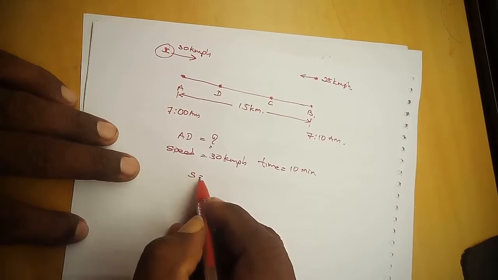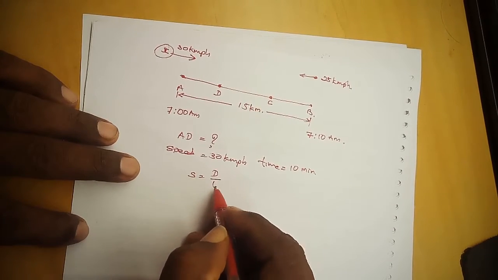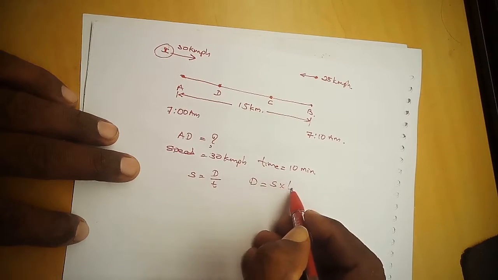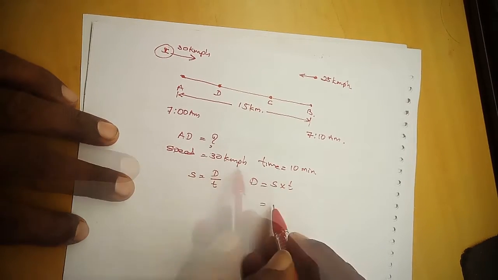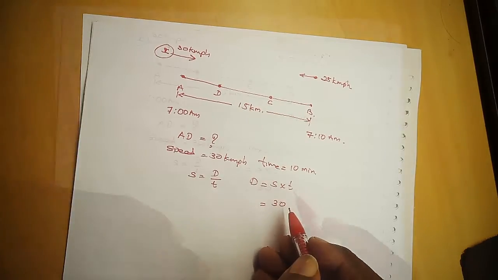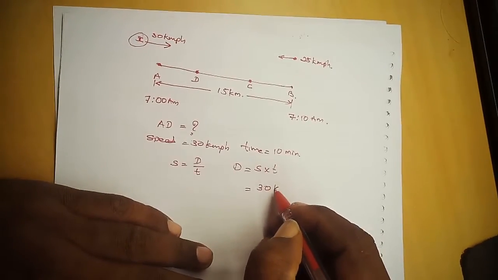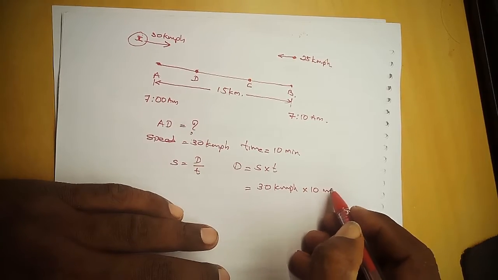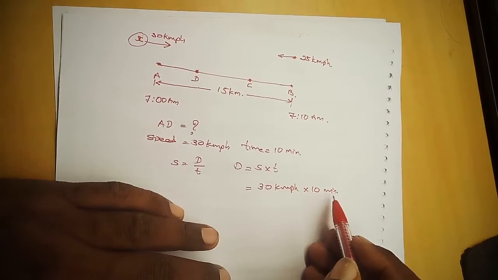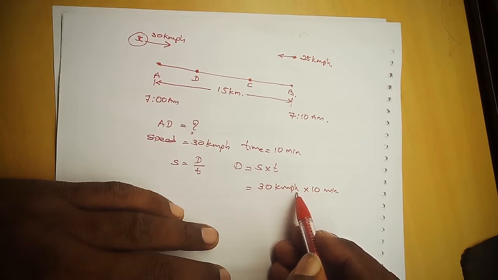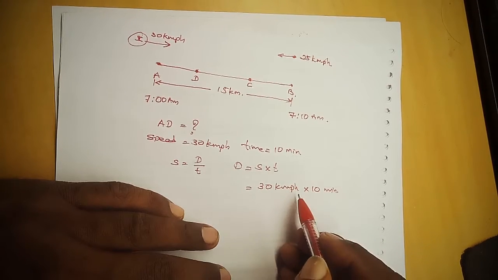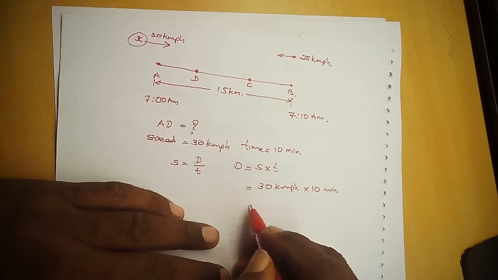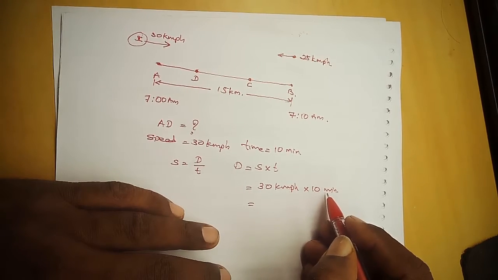We know S is equal to D by T. We want to find out D. So D is equal to S into T. Here the speed is 30 km/h into 10 minutes. Either we have to convert, this is hours and this is minutes. We have to convert both into one unit. Here it is very easy to convert 10 minutes into hours.